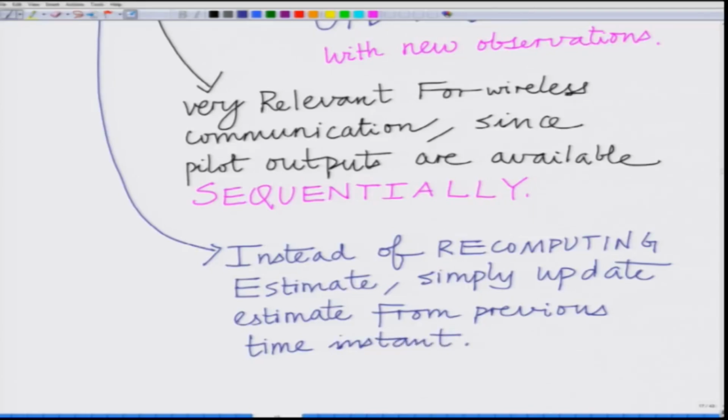How do you update the estimate from the previous time instant?